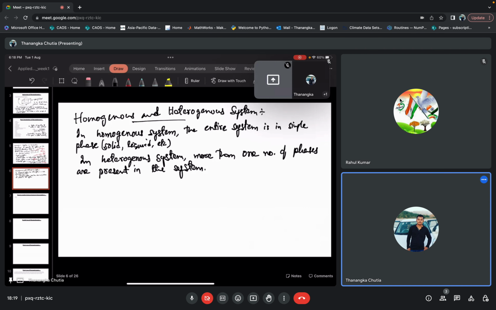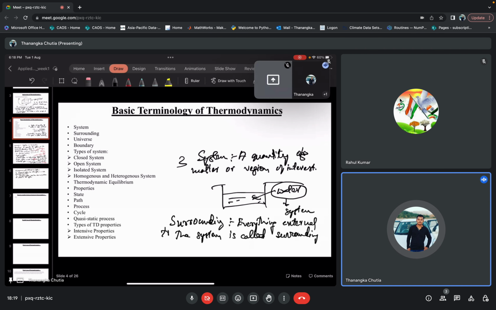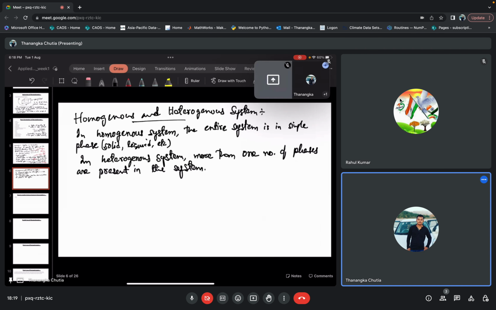Now the next terminology we need to define, and this is one thing that you will come across more often, is thermodynamic equilibrium. Okay, so what is thermodynamic equilibrium?